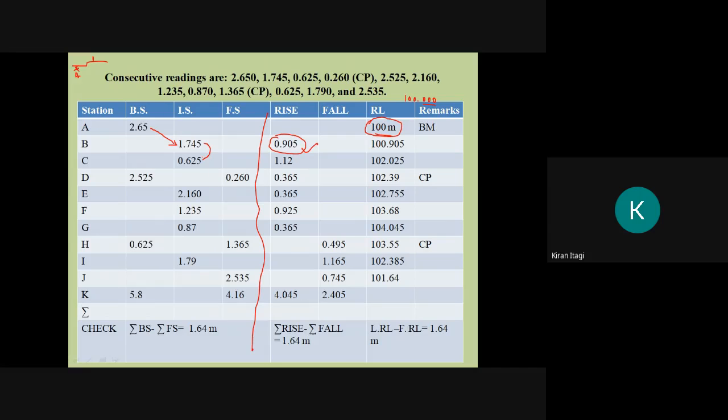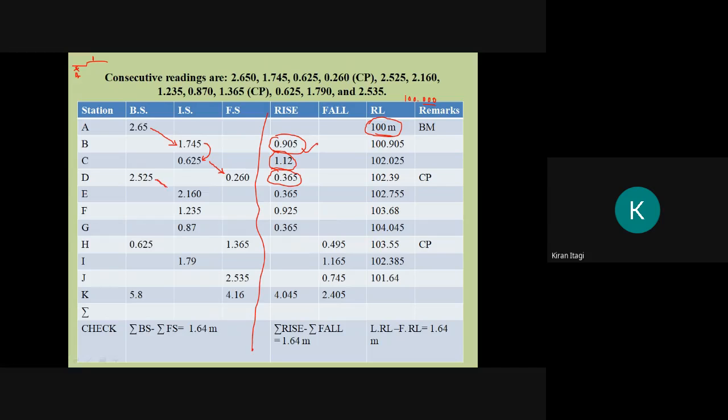Next, previous minus preceding, that is 1.745 minus 0.625. It is again positive, so we will write it in the rising column. Now we should go diagonally, that is 0.625 minus 0.260. We have got positive, that is 0.6 minus 0.2, it is positive only. Okay, so we will get it in the rise column.